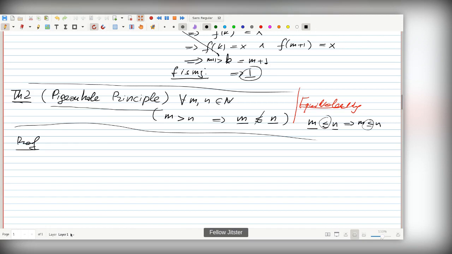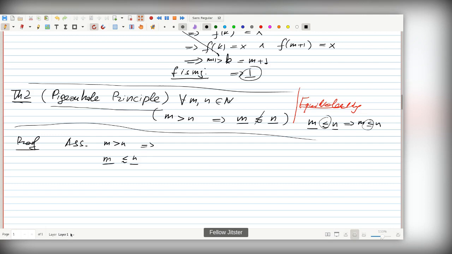It is very easy if you have lemma 1 at your disposal. So assume that M is indeed greater than N, and M underlined is embeddable into N underlined. What do we have?